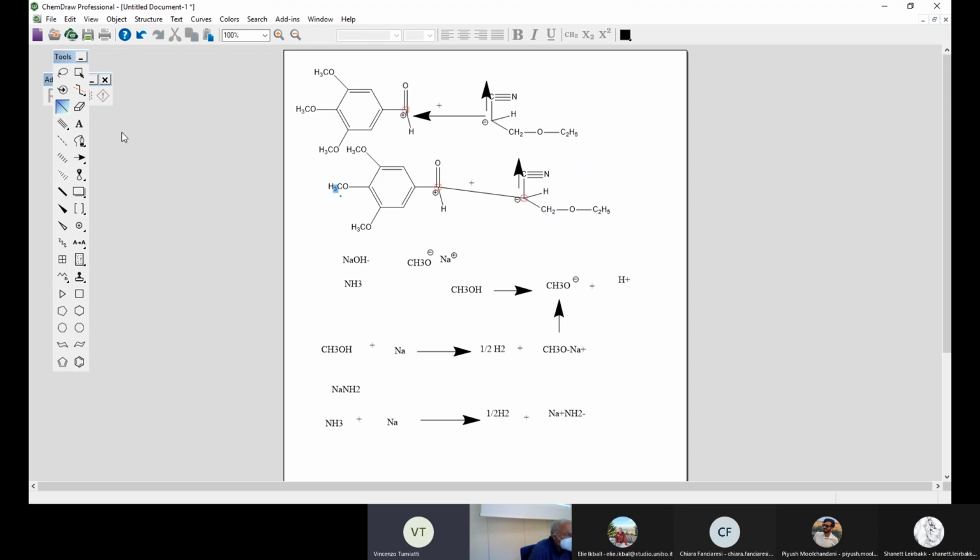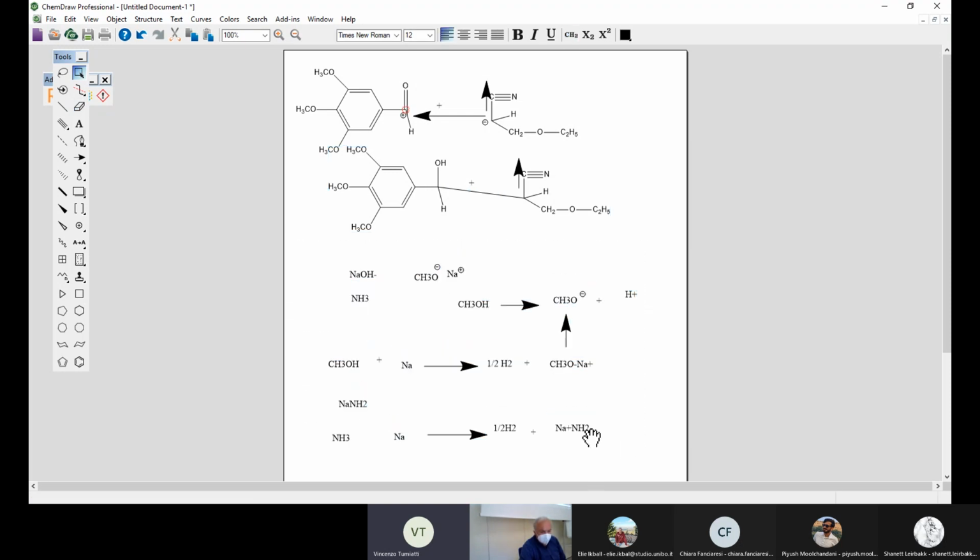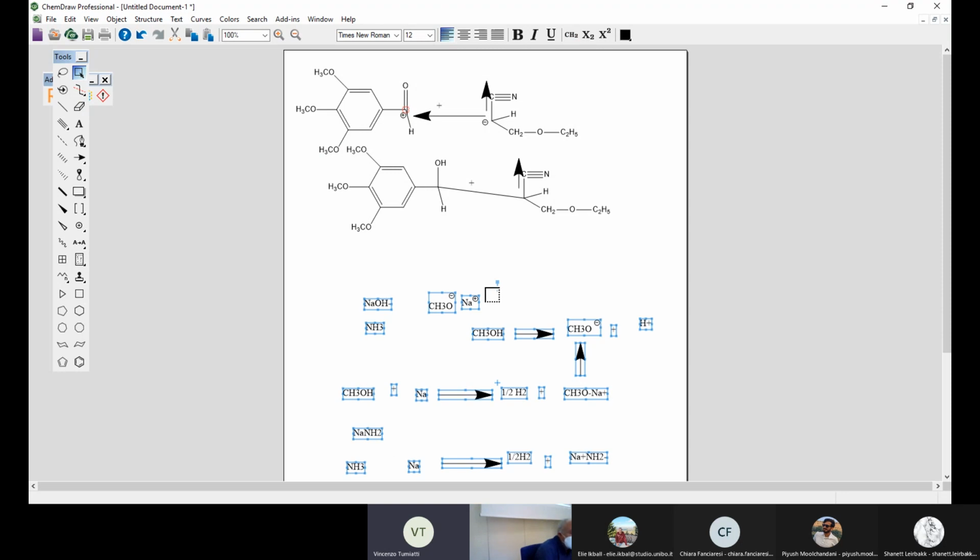Okay, at the beginning we have the formation of the OH group on the carbonyl atom, and then we can lose a molecule of water, and then we have the formation of a double bond.